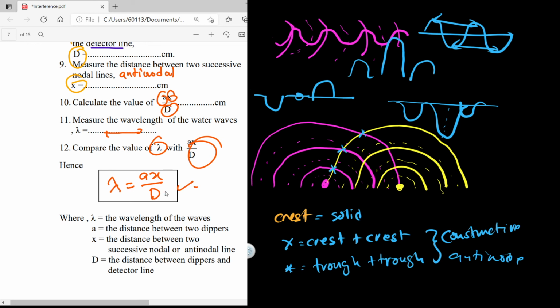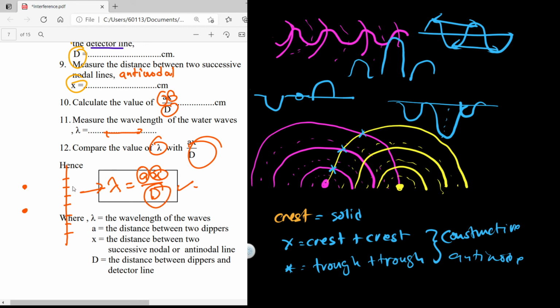So this is the only formula that we use in interference when we want to solve problems involving interference. Lambda is the wavelength of the wave. A is the distance between the two sources. X is the one that we want to observe, maybe loud and weak sound, or bright fringe and dark fringe, or strong wave and weak wave, depending on the wave we want to observe.